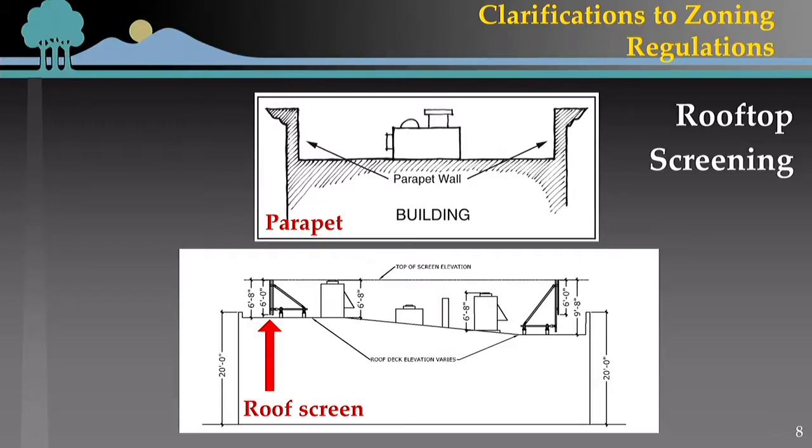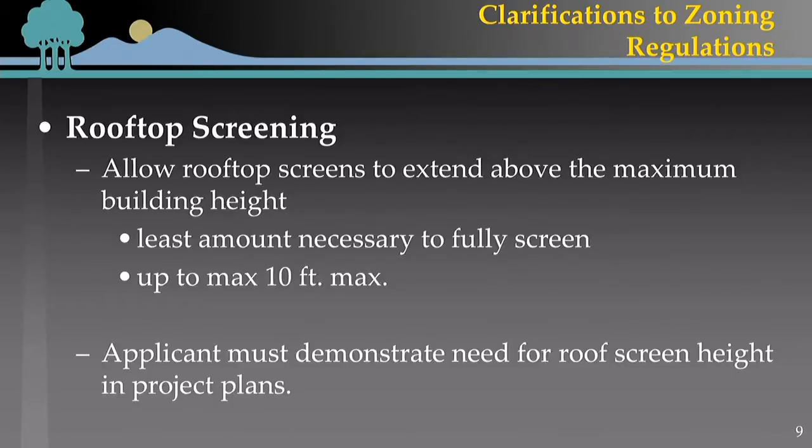As you'll see in the diagrams, the top shows the parapet wall and the lower image shows what a roof screen would look like. So staff is proposing to include a specific section that calls out that rooftop screens could extend above the maximum building height to be the least amount necessary to fully screen equipment, but put a maximum up to 10 feet.